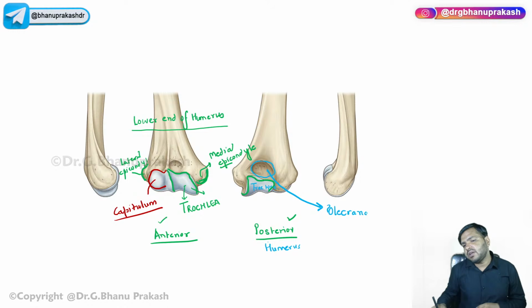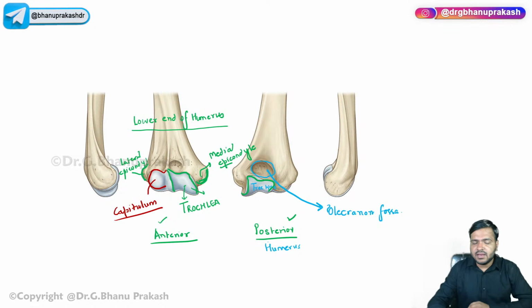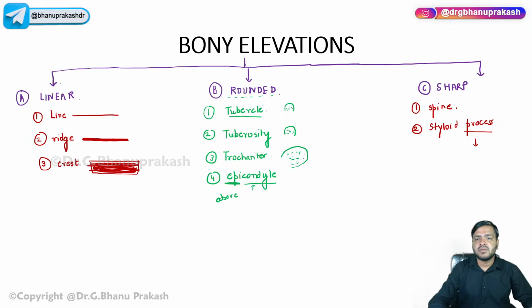These fossae are basically meant for lodging the ulnar part; the olecranon part will actually lodge into this. So remember, we have the olecranon fossa.